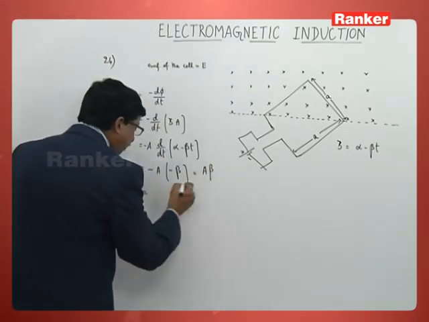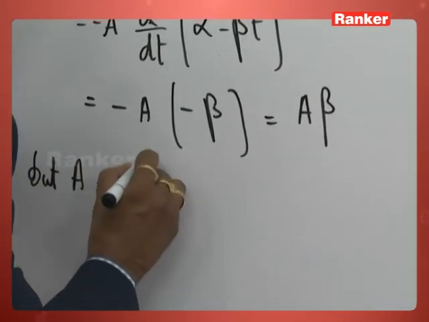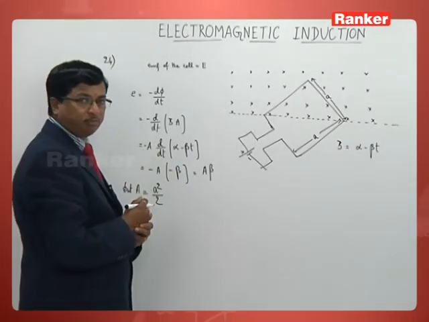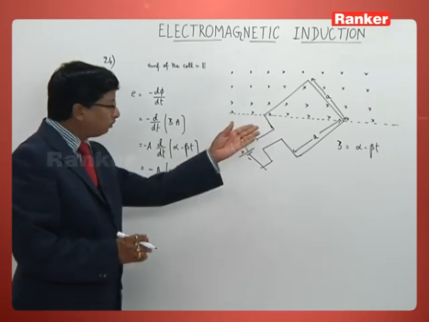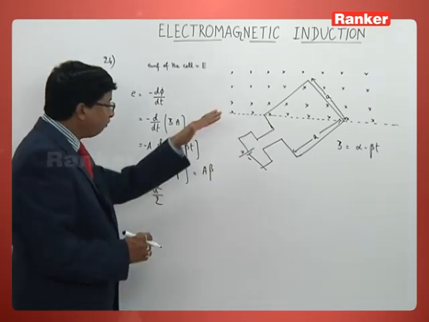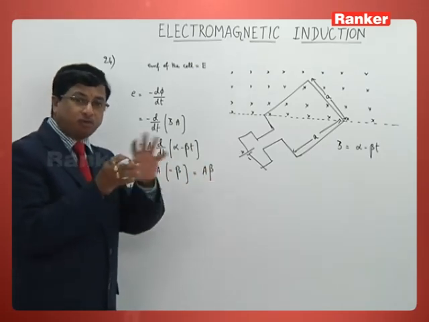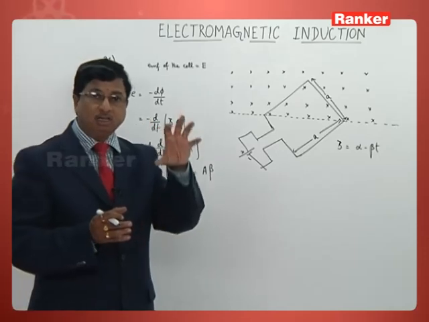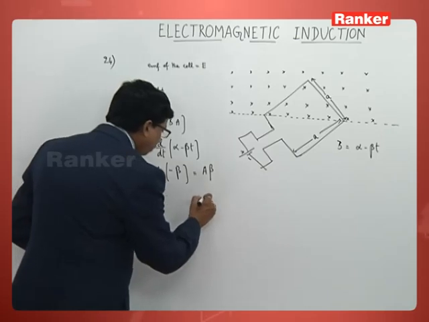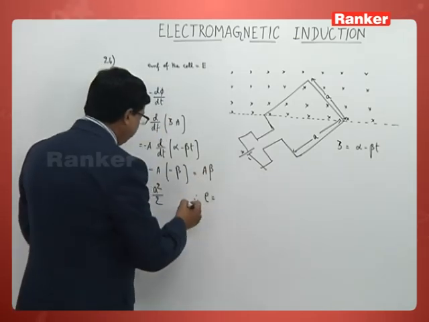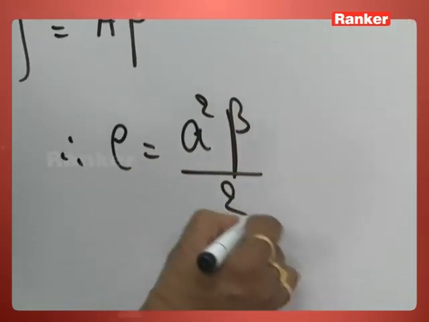A is equal to A square by 2. For a square loop, area comes to be side square, but it is half of that only which is inside the magnetic field. Therefore, this induced EMF now becomes A square beta by 2.